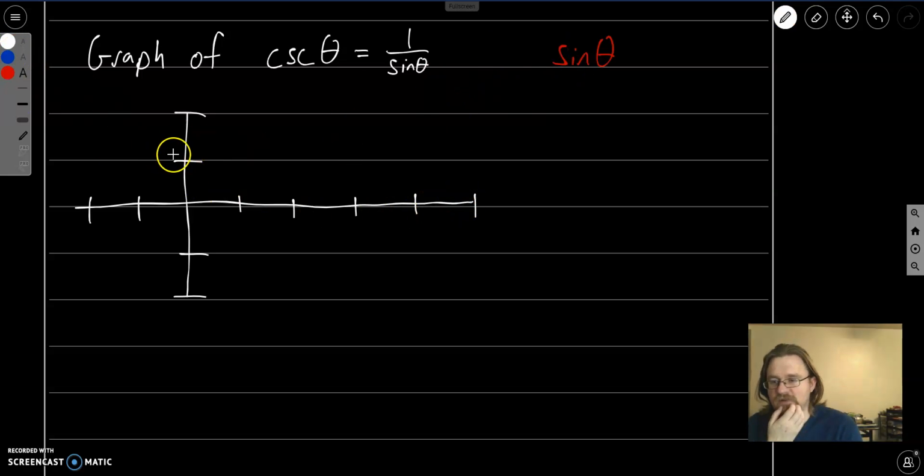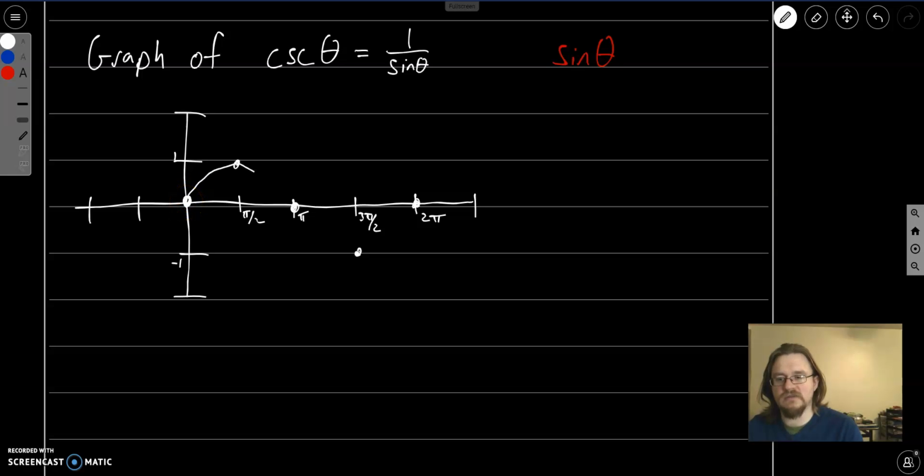For the sine function, it comes up to 1 and down to -1, and the important points happen at multiples of pi halves here. So the sine function starts at 0, climbs to 1 at pi halves, back down to 0 at pi, down to -1 at 3 pi halves, back up to 1, and then it repeats this pattern.